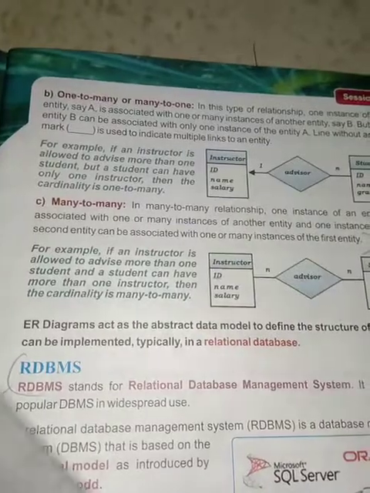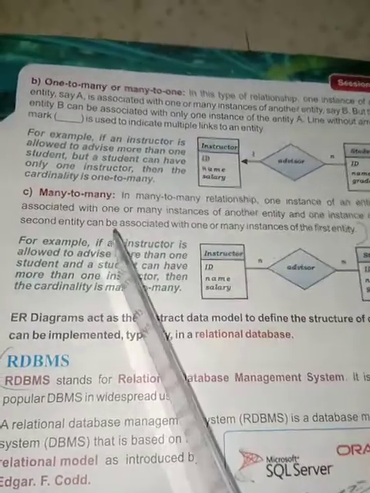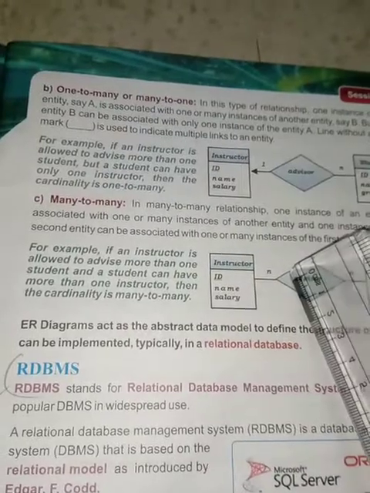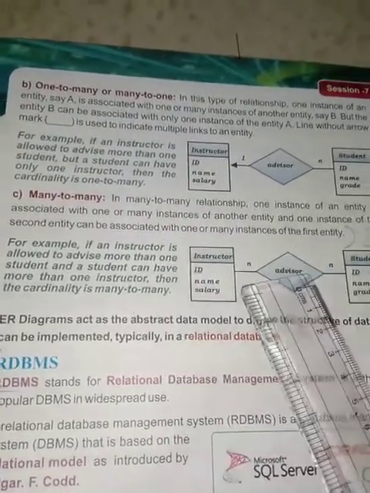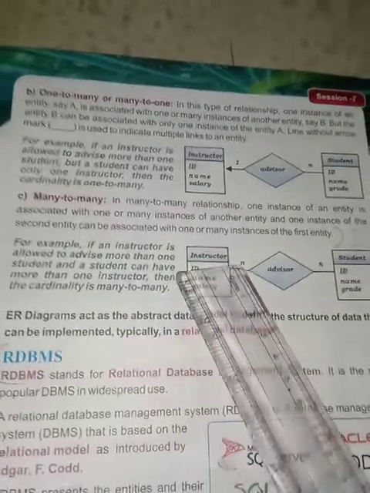There may be hundreds of customers and they can buy any number of products. One person can buy some 5 products, one more person can buy 10 products. So like this, n number of customers can buy n number of products. So n number of products can be bought by n number of customers. This is many to many relationship.